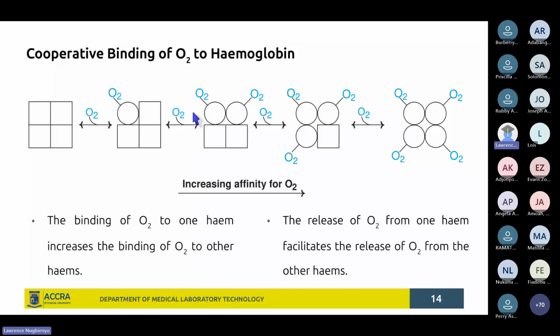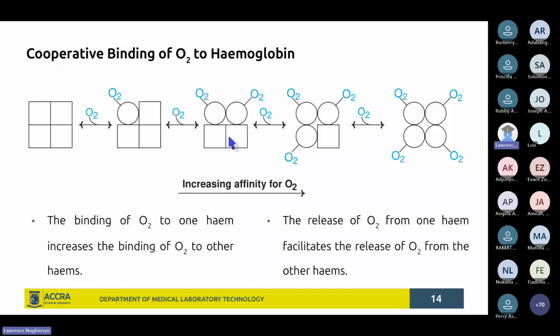So you now have 2 oxygen molecules bound on 2 of the subunits, and you still have 2 subunits that are unbound to oxygen. And that second molecule of oxygen that comes to bind also increases the affinity of hemoglobin the more for oxygen.